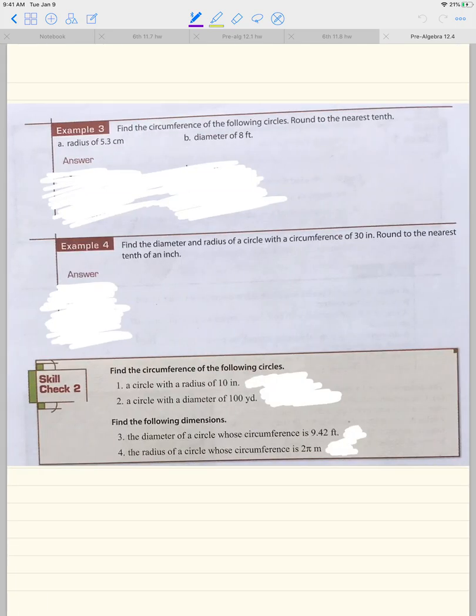Example number 3, find the circumference of the following circles. Round to the nearest tenth. A, we're given a radius, so we are going to use C is equal to 2 pi r. You are more than welcome to use a calculator for this assignment.